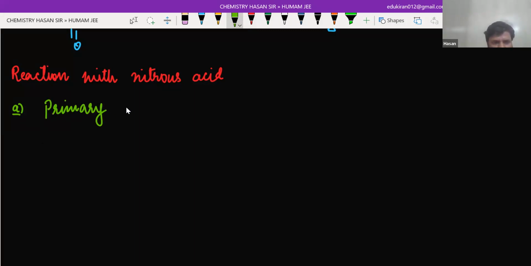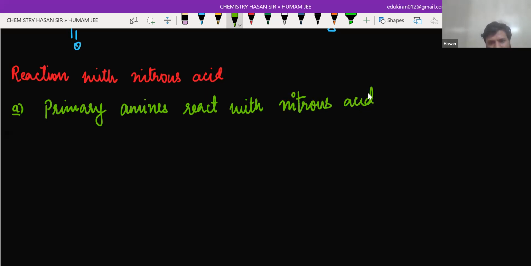Primary amines react with nitrous acid to form aliphatic diazonium salt.